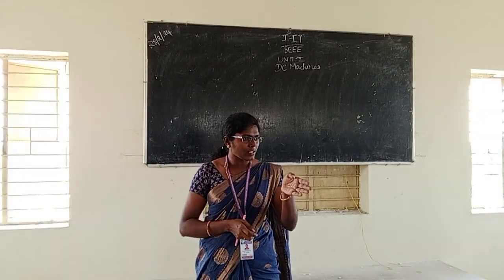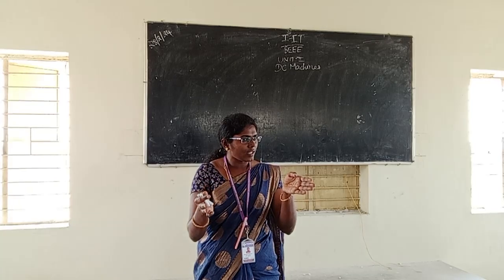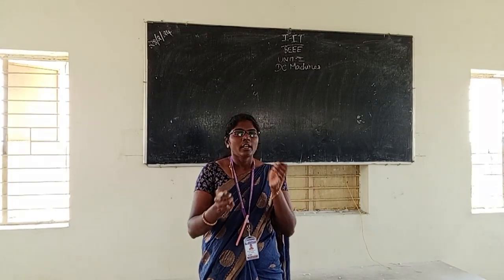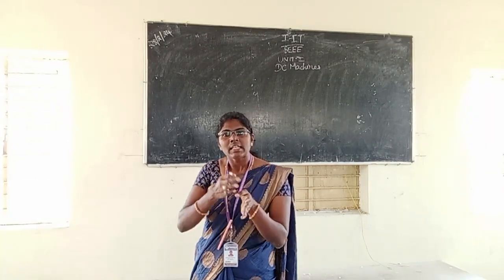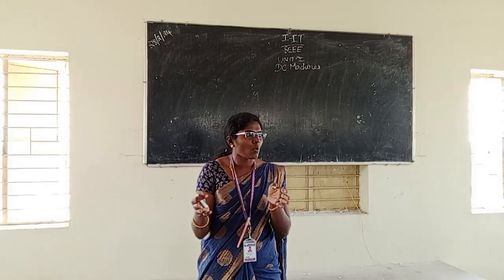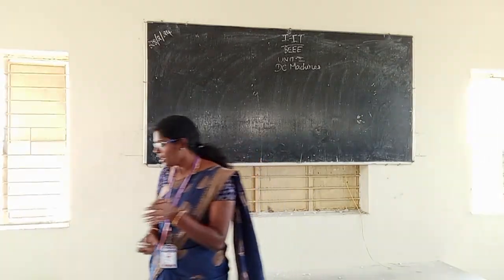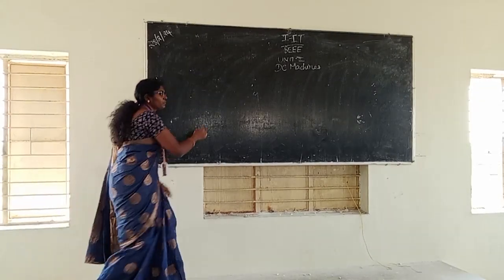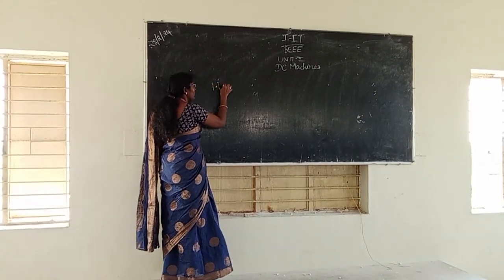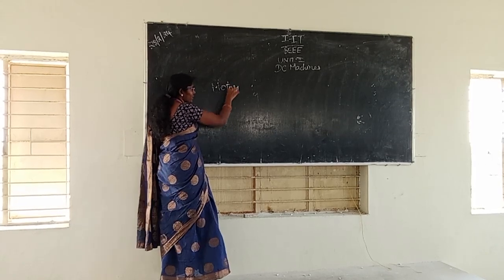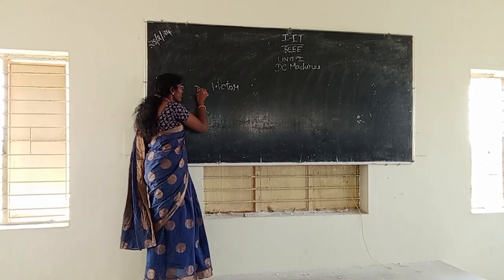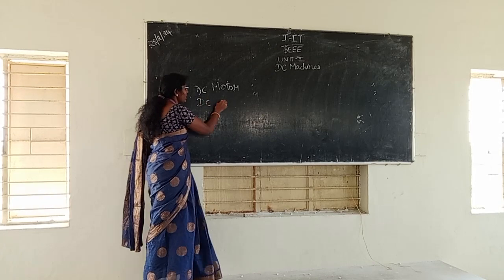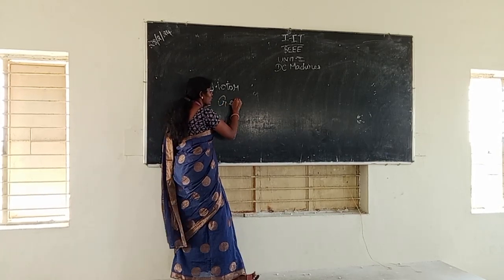If DC supply is given and mechanical energy is generated, it is a motor. If mechanical energy is given and DC current is generated, it is a generator. So two things.